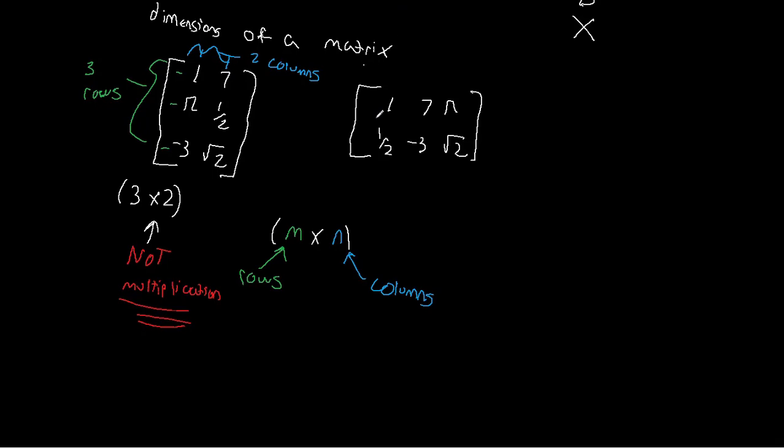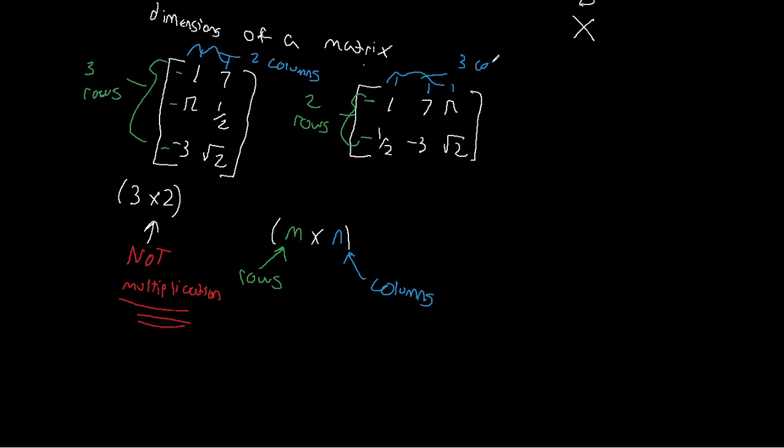Let's go ahead and look at this one. So this one, the same numbers, just arranged differently. So this one has 1, 2 rows. So this has 2 rows. Okay. Right, it has 1, 2, 3 columns.